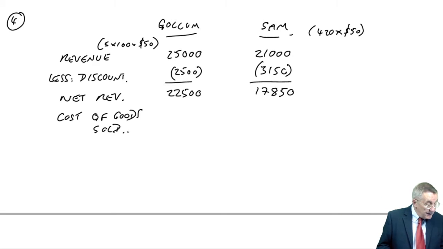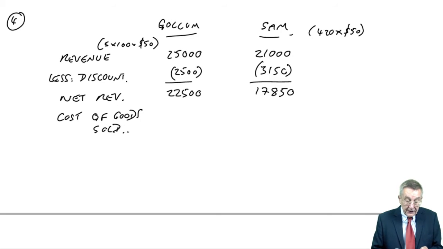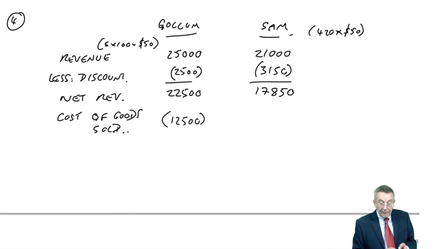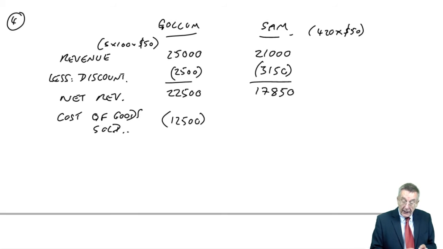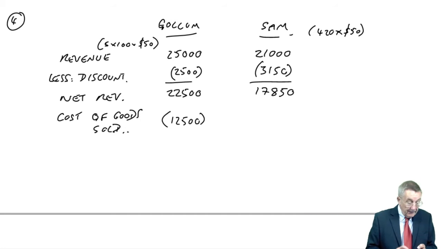They cost $25 each. So Gollum's 500 at $25 is 12,500. As far as Sam is concerned, it was 420 shoes at $25 each, which is 10,500.